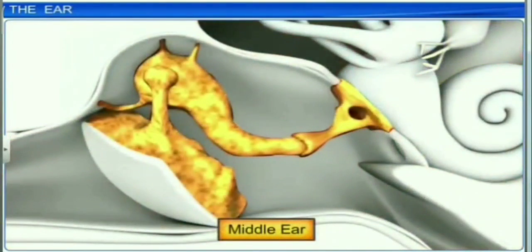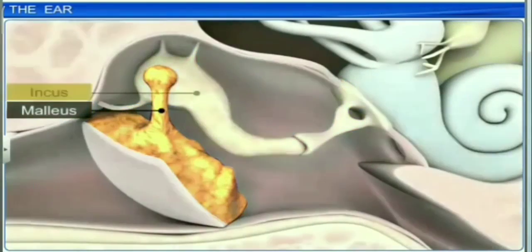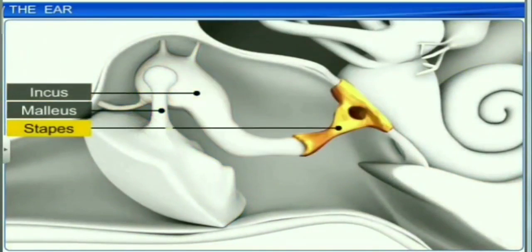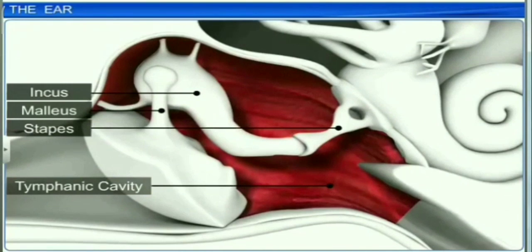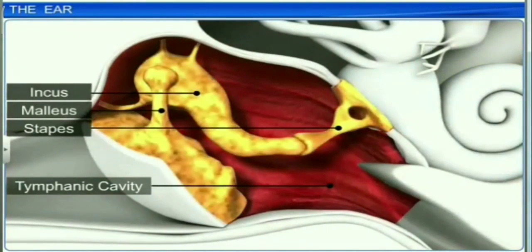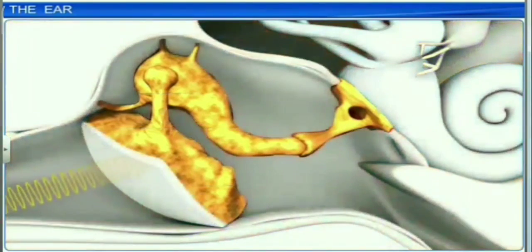The middle ear consists of a chain of 3 ear ossicles called malleus, that is hammer, incus, that is anvil, and stapes, that is stirrup, the smallest bone. On receiving vibrations, these ear ossicles amplify the vibrations and transfer them to the cochlea.